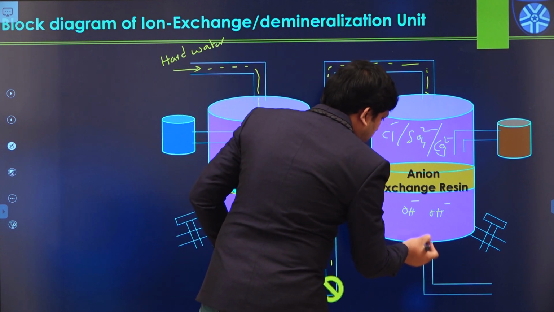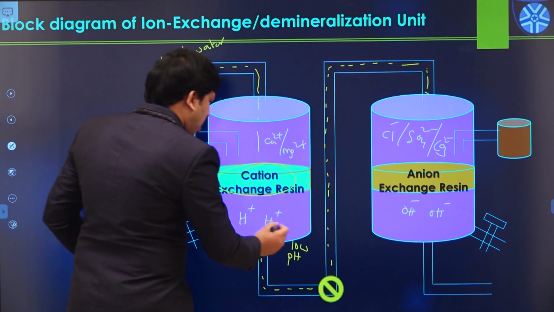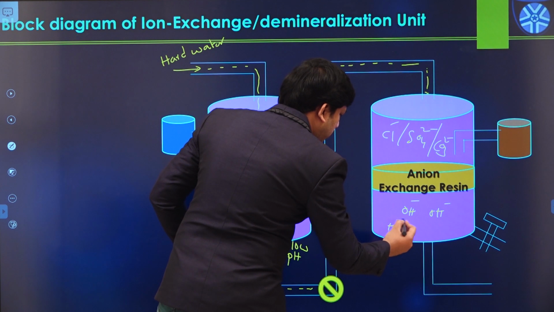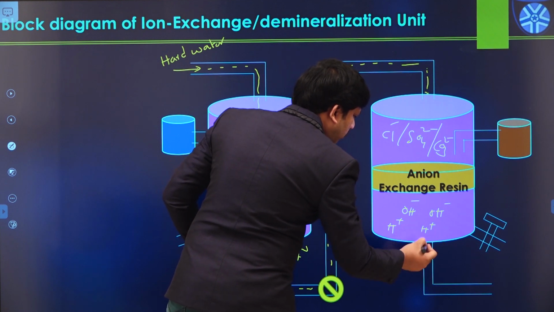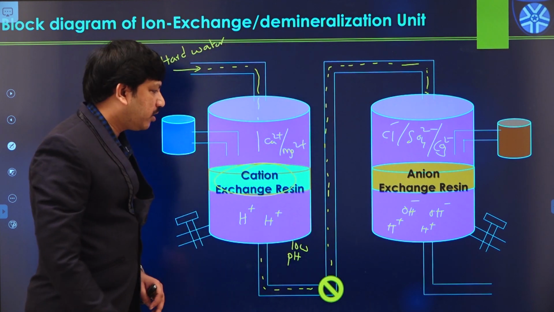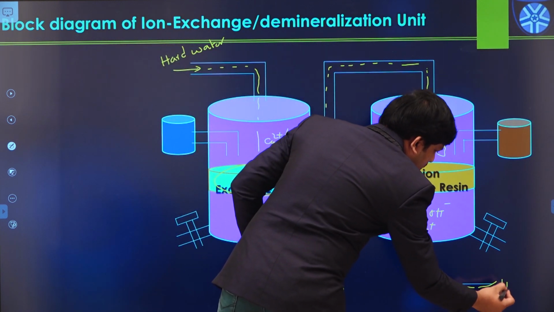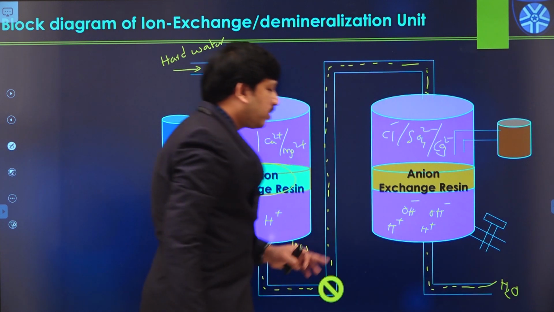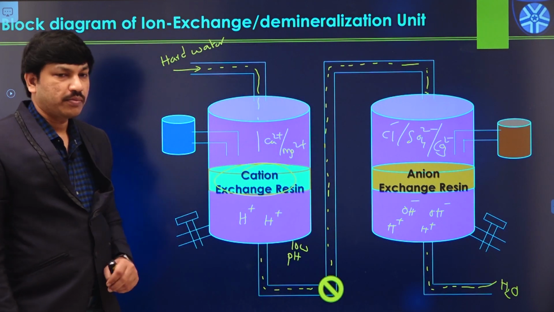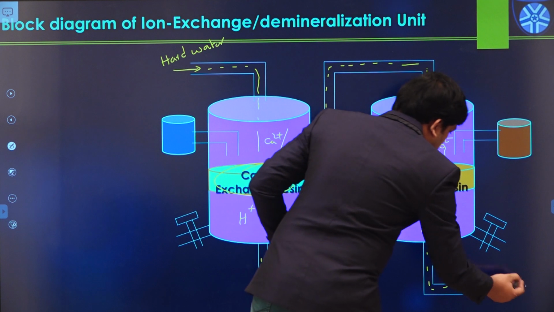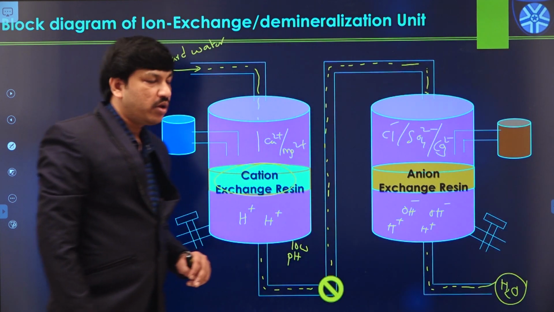So this water is coming like this. And in the first stage we have H plus ions. Here also there is release of OH minus ions. So there is a formation of water finally, and that water comes outside like this. So this is the purified water or softened water. So this is known as demineralized water in this manner.